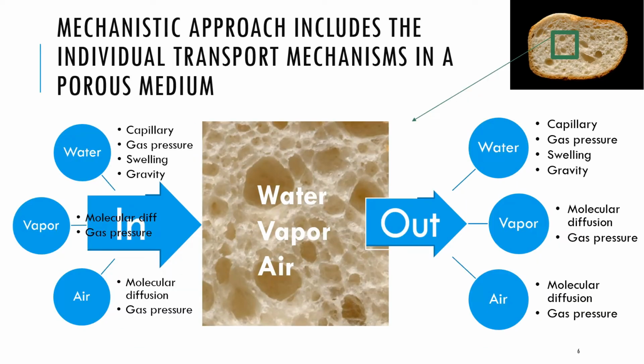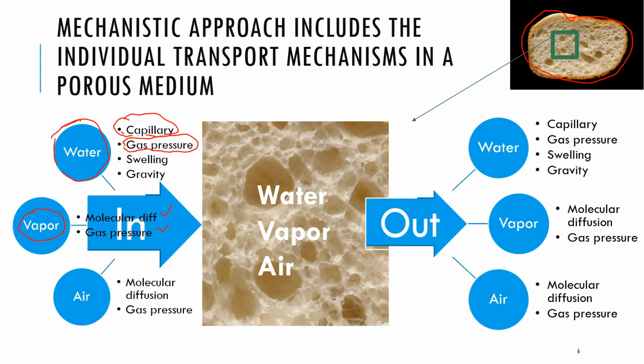So as we further develop the equations, we will stay mechanistic. What this means is for each one of the phases, we will consider the actual mechanisms of transport, like capillarity, like gas pressure in this bread as a porous medium. And likewise for vapor, we will consider molecular diffusion or gas pressure.